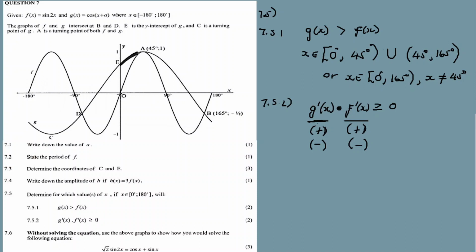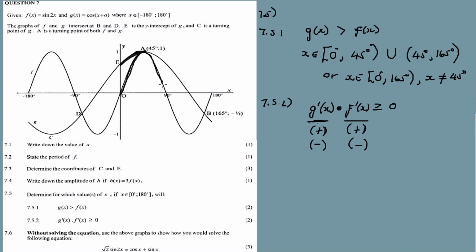Nangu f nayo iyaphezulu, une positive gradient. But nakafika la ama gradient wethu aba 0. But this notation allows us ukuthi ama gradients wethu abe 0 wethu. So this value ka 45 this time is included.